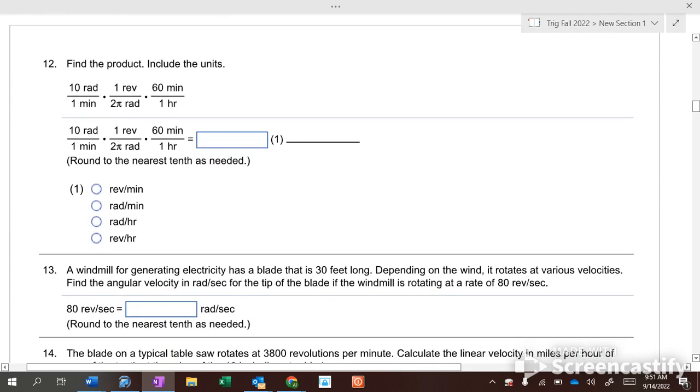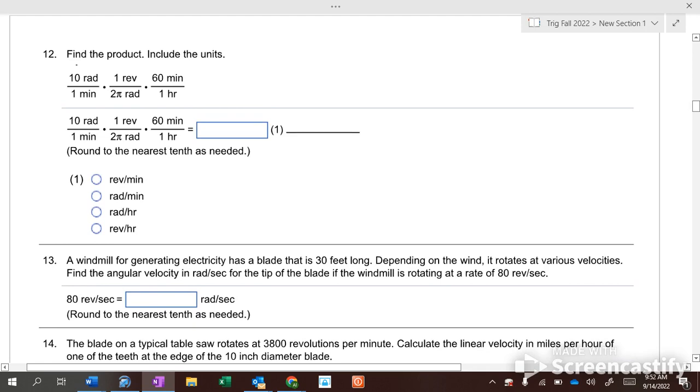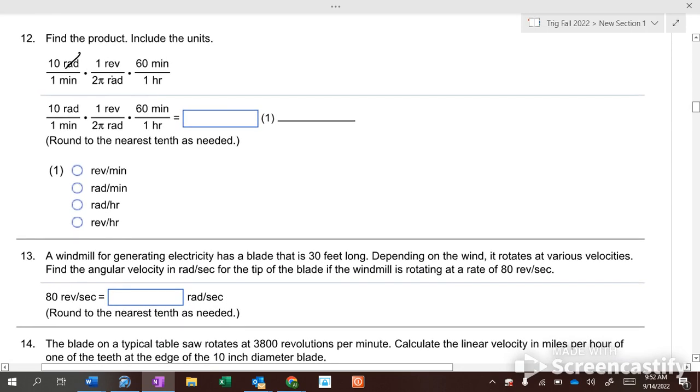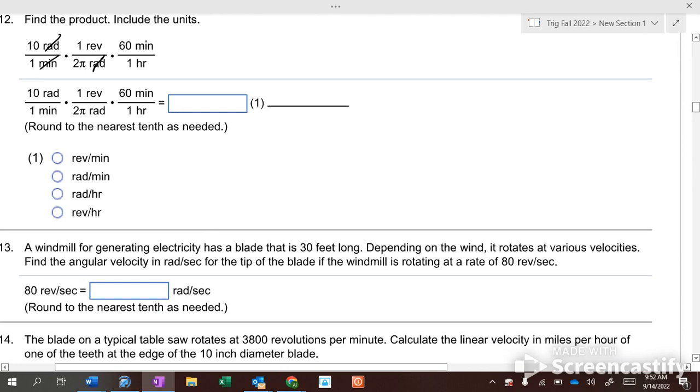Canceling units. Okay, we have to know how to cancel units properly. Radians cancel with radians. Minutes cancel with minutes. I end up with revolutions per hour. And 10 times 60 is 600. Divided by 2 is 300 divided by pi.